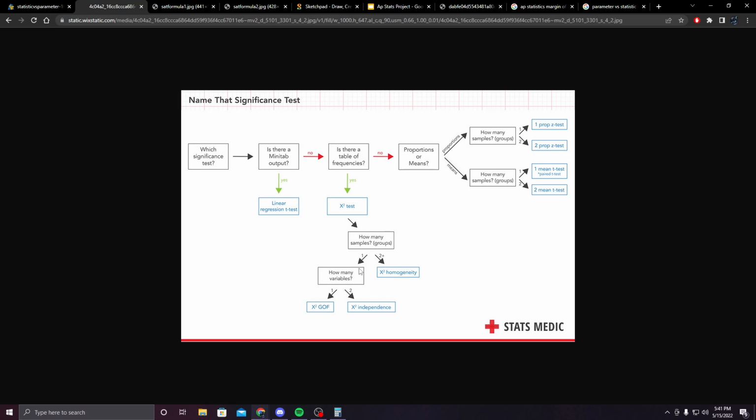And if there are 2 or more sample groups, then you do homogeneity. And the difference between independence and homogeneity is very, very slim, as it is basically just the wording for the conclusion.